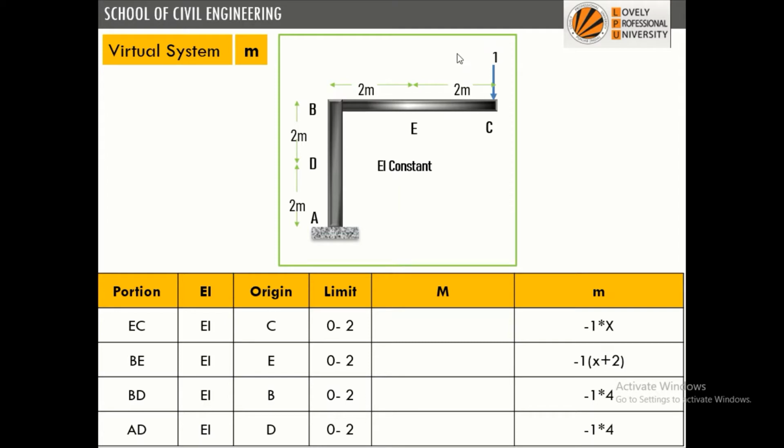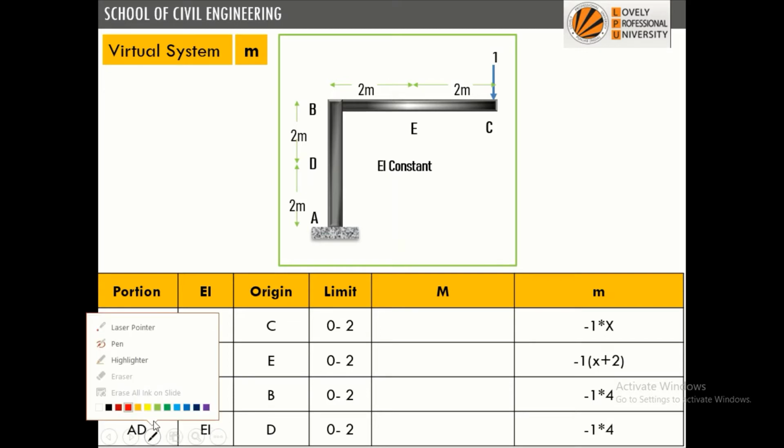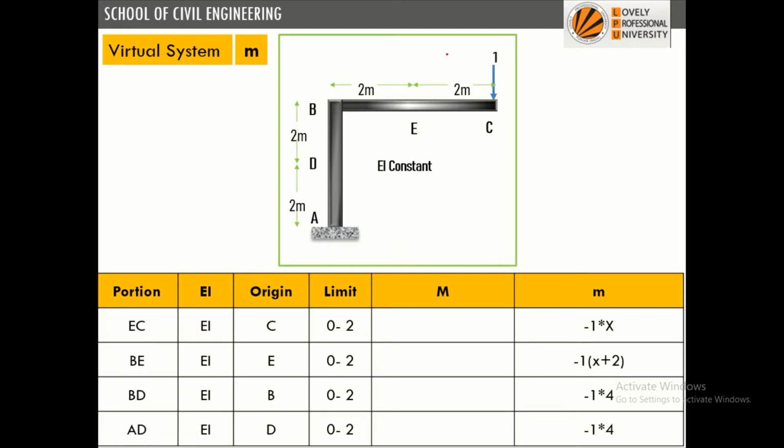Now come to portion EC, and this is our section. We will consider the forces on the right hand side, so it will be 1 into x, and this is a hogging moment, so minus 1 into x. Now the second portion is BE.